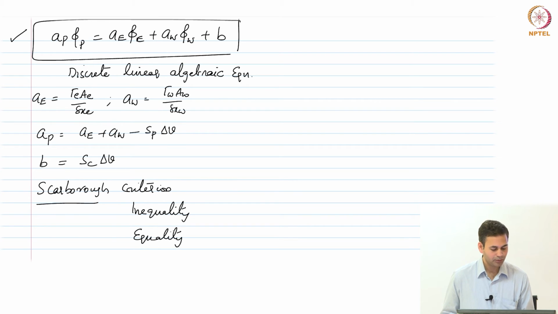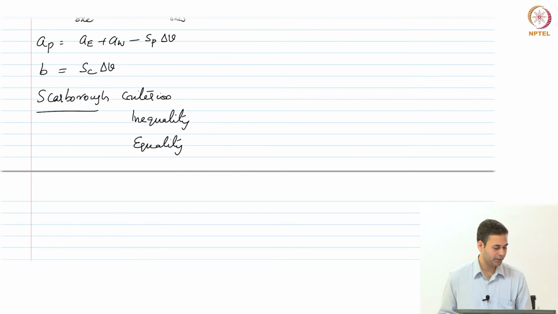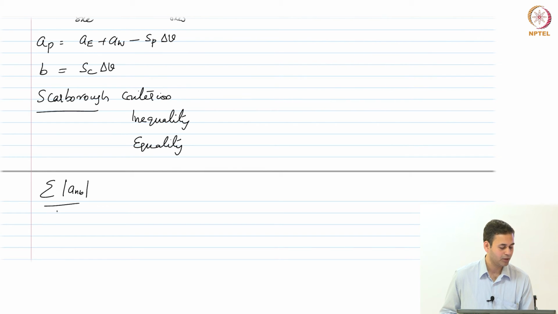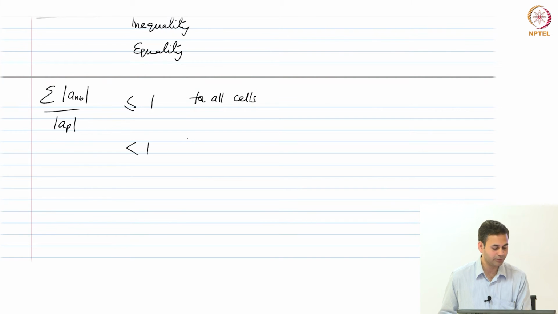We said the summation of modulus of a neighbors by modulus of aP should be less than or equal to 1 for all cells and should be less than 1 for at least one cell in the domain.